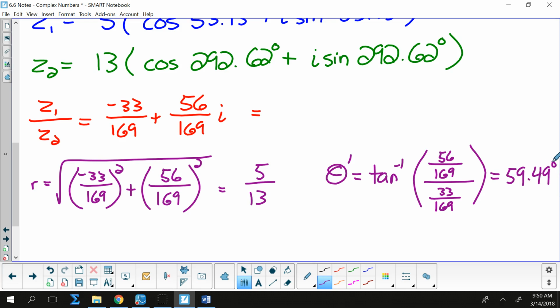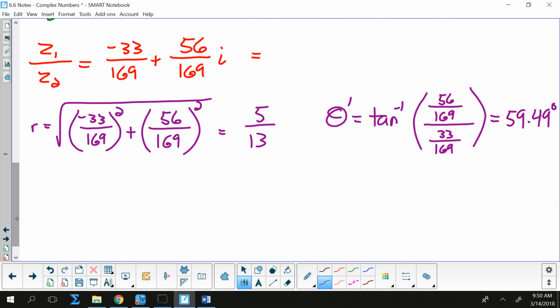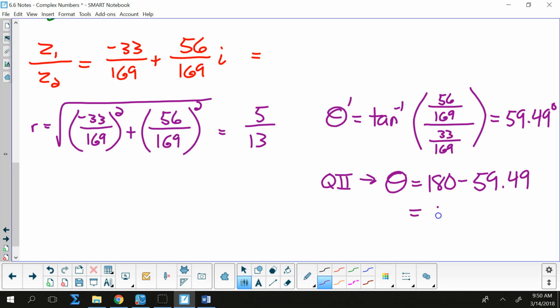Which quadrant is this quotient in? It's in quadrant 2. So that means my theta is going to be 180 minus 59.49, which is what? 120.51 degrees. Yes?